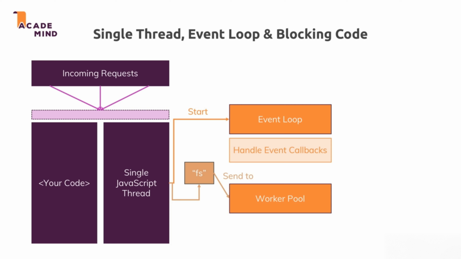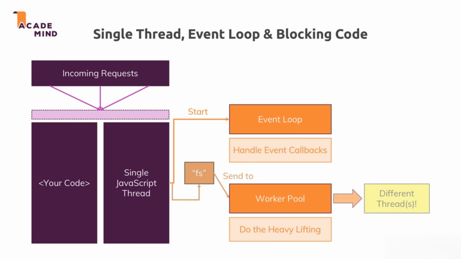Instead, our file system operation and a couple of other long-taking operations are sent to a worker pool, which is also spun up and managed by Node.js automatically. This worker pool is responsible for all the heavy lifting. It's kind of totally detached from your JavaScript code, you could say, and it runs on different threads.